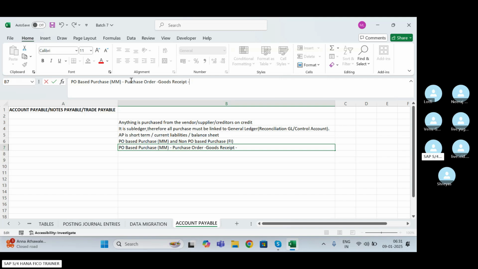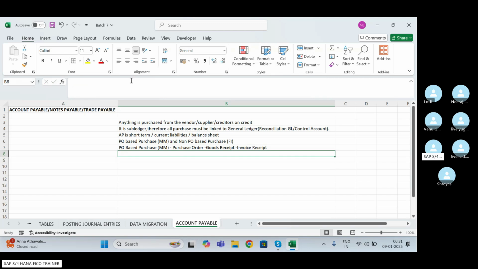Goods receipt. Then the vendor will send the invoice copy. So invoice receipt. You have these three steps, minimum three steps to make one purchase cycle complete.